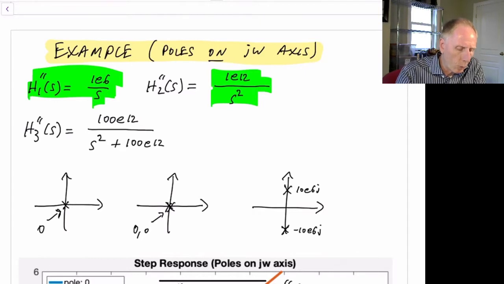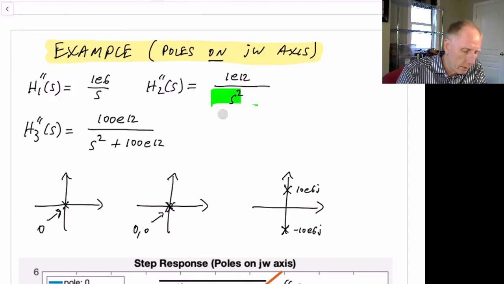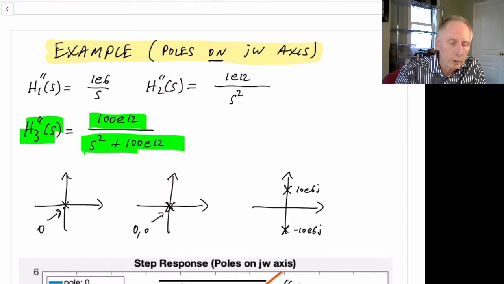H2 double prime will be 1e12 divided by s squared. And H3 double prime will be 100e12 divided by s squared plus 100e12.